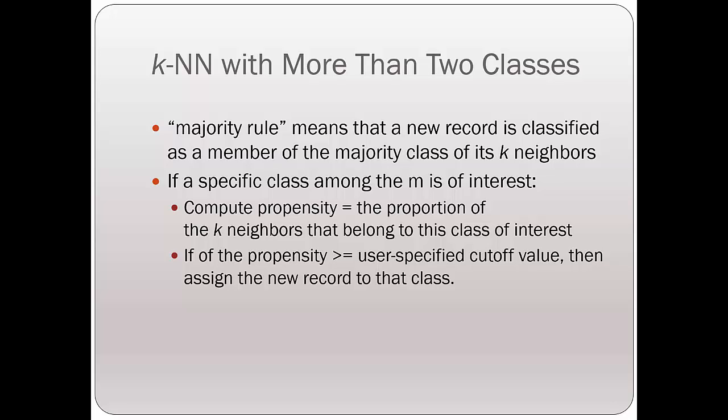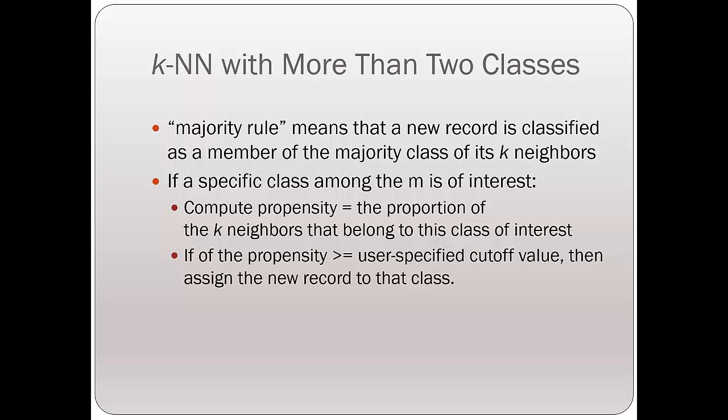If you have more than two classes, then you will compute the propensity for each class, and the one with the largest propensity is the class that you will assign the new observation to. So majority rule here means that the new record is classified as a member of the majority class of its k neighbors.